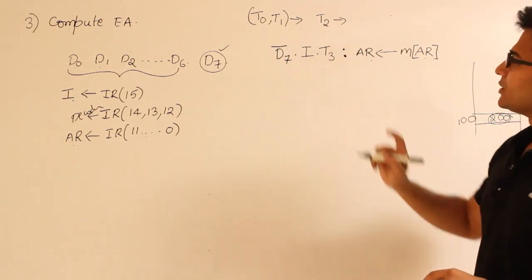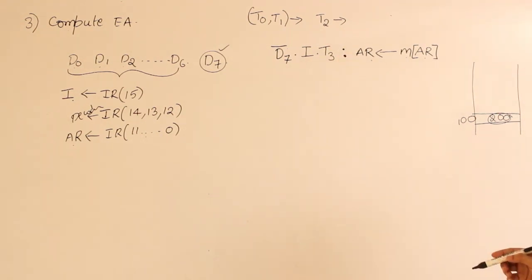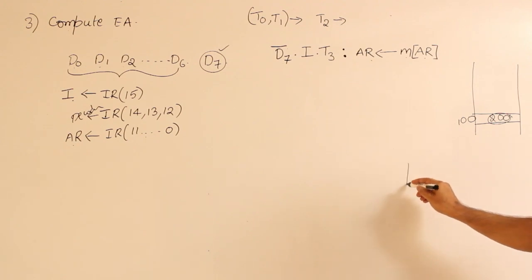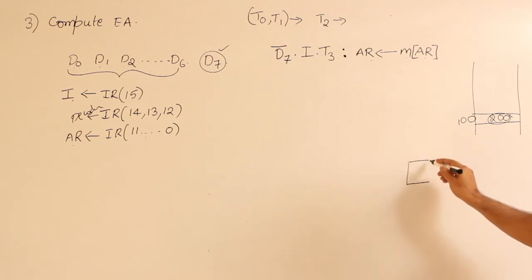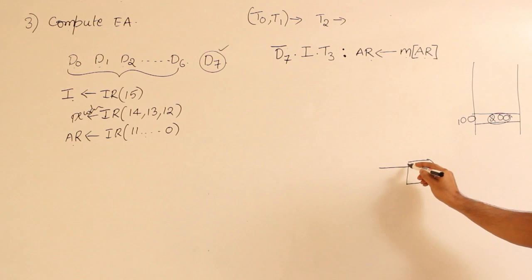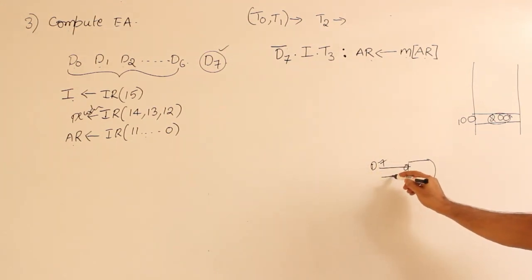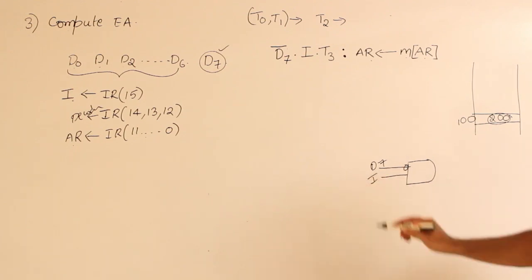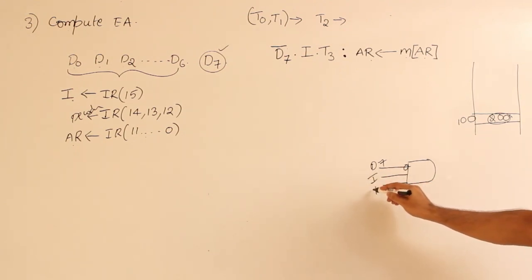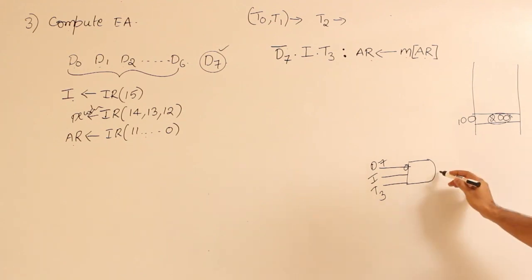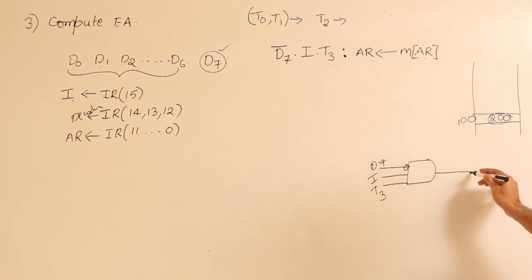So how can we implement this? Simple, we are going to have an AND gate. To the AND gate, one input is D7 prime, the other is the I flag, and the other is T3. These three are applied, and depending on this particular signal, it will be used to enable this action.